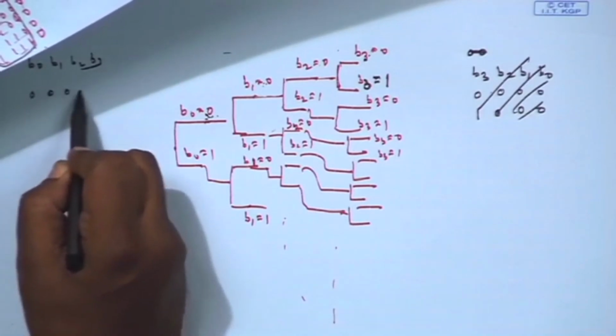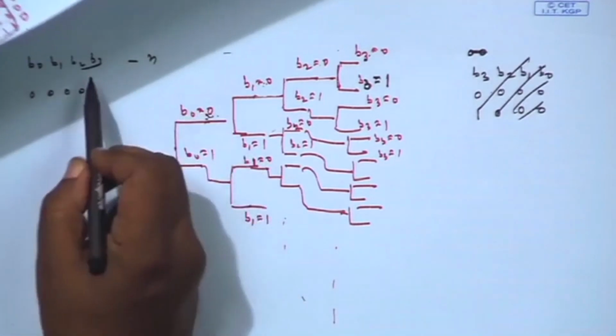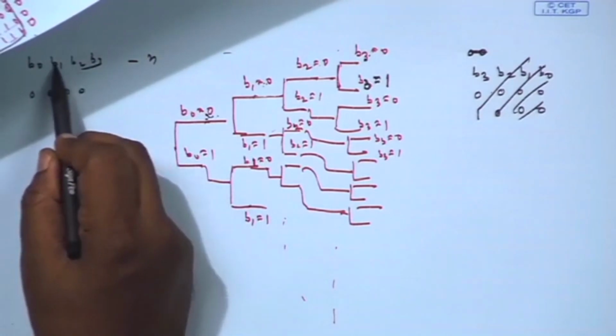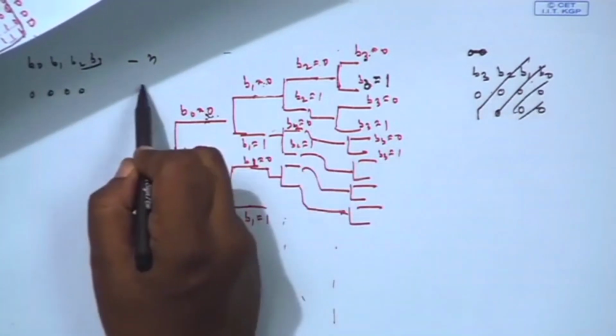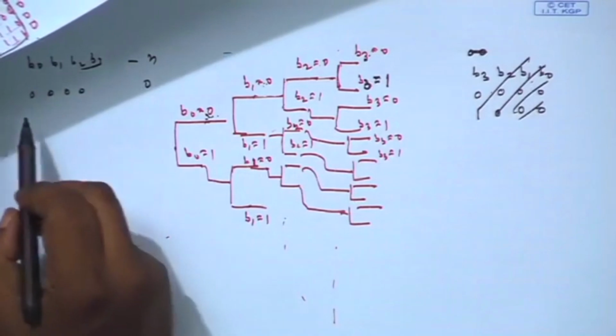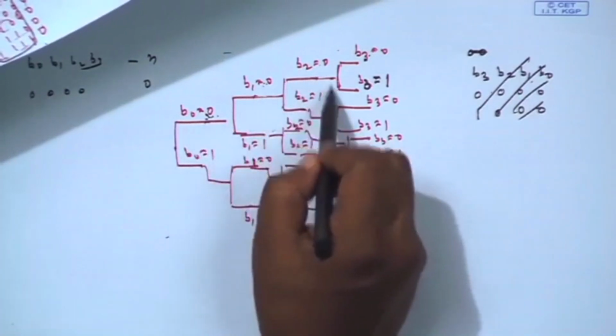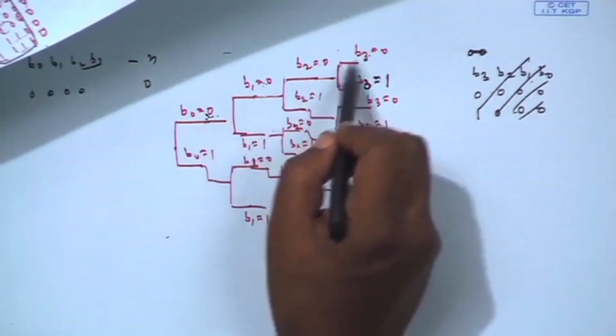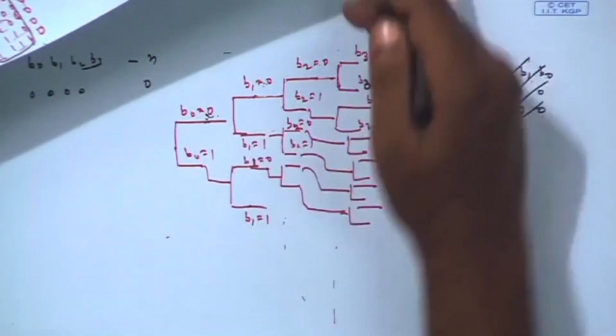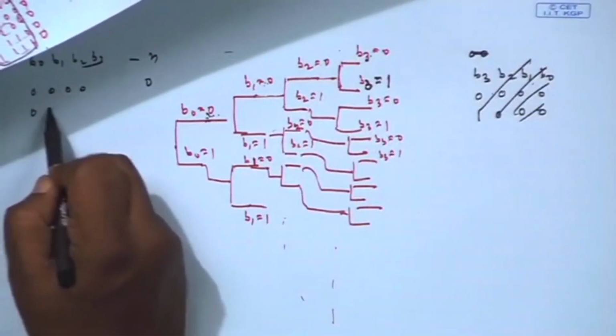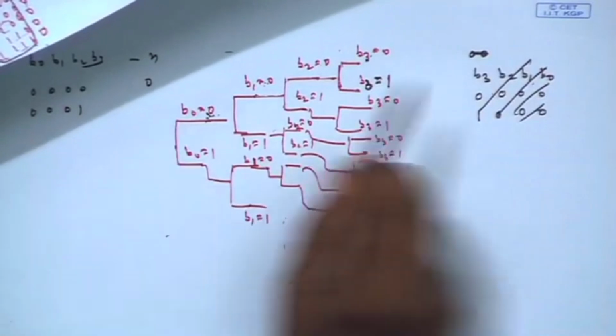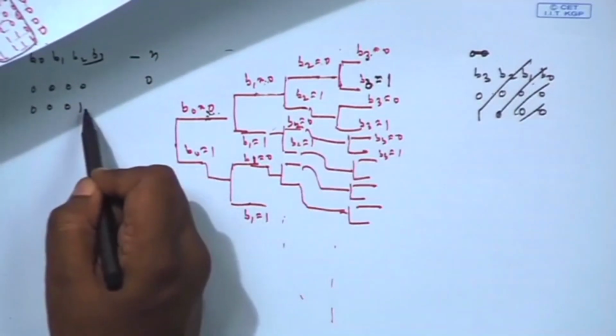Okay. But that is actually in terms of n is what? B3 0, B2 0, B1 0, B0 0. So, this guy is 0. Then next guy is 0 0 0 1. So, next guy in the scale is 0 0 0 1, but what will be the value of small n? We have to start from B3.